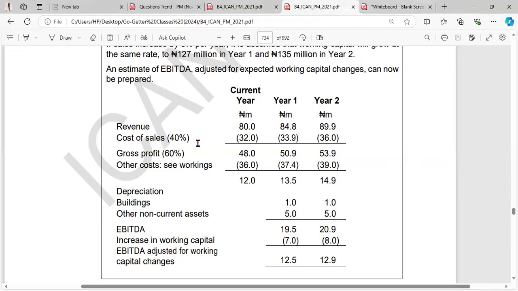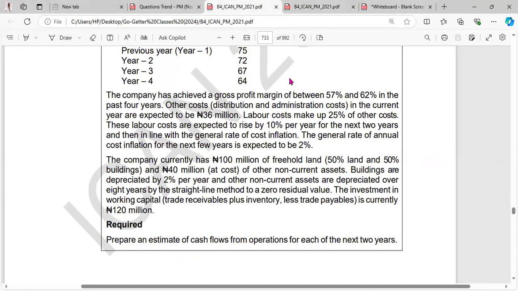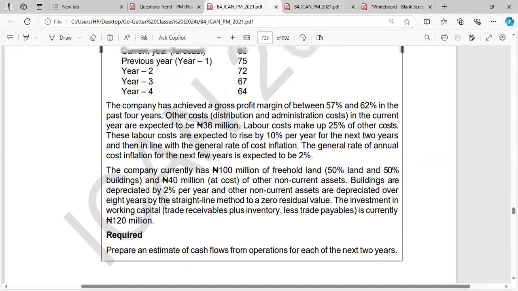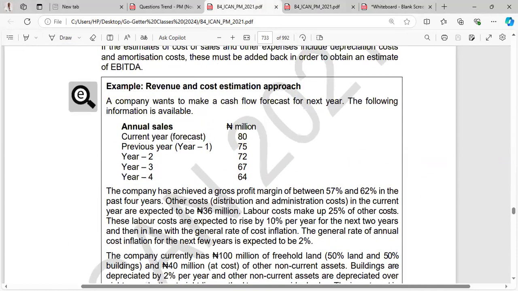Then your cost of sales, we said is 40% because the question is saying here that your cost of sales, what's the cost of sales?